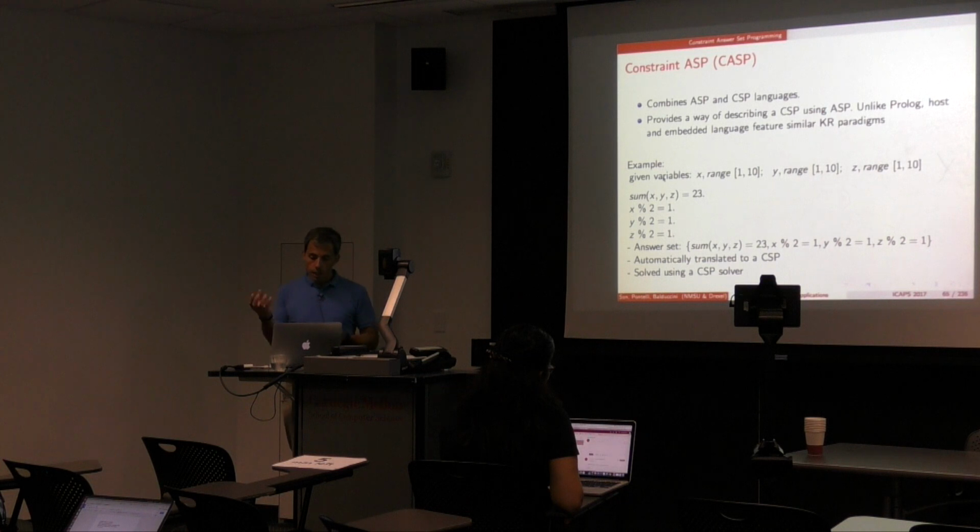In both CASP and CLP, we have constraint satisfaction as the embedded language, so we can inject in there constraints that we're interested in, and then there is a host language around the constraints that allows us to bridge things together and specify other parts of the problem.